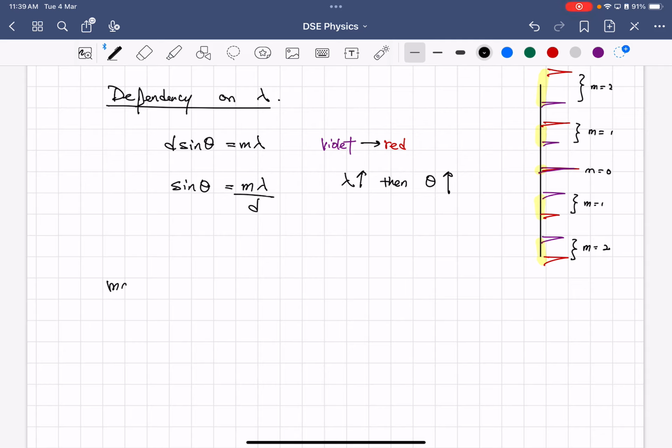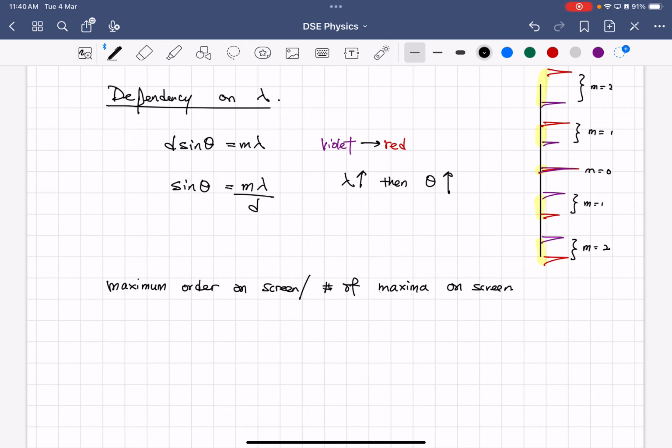Another one we usually ask will be about the question on maximum order on the screen, or they will phrase it as the number of bright maxima on the screen.